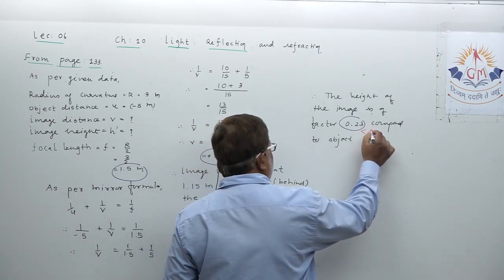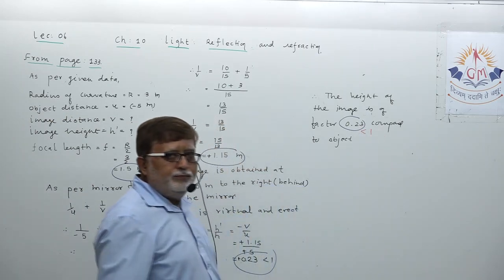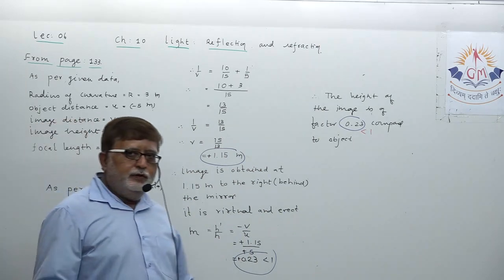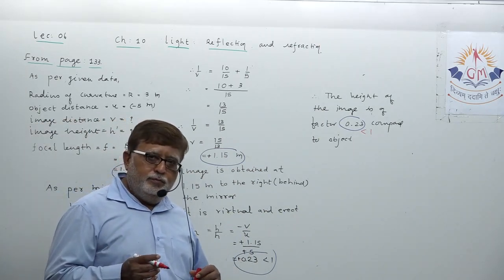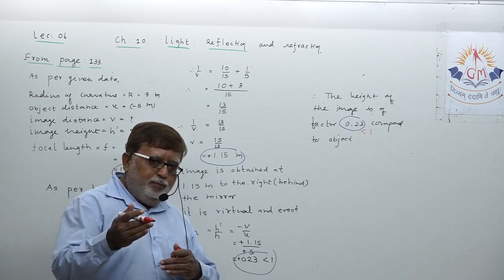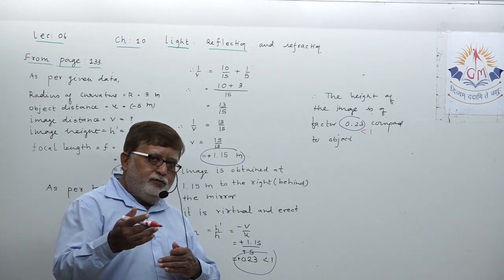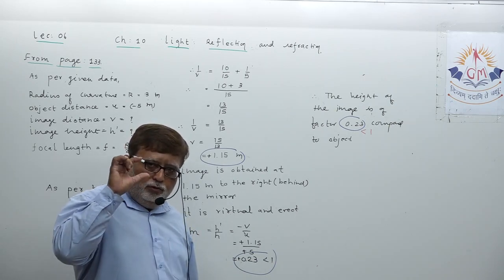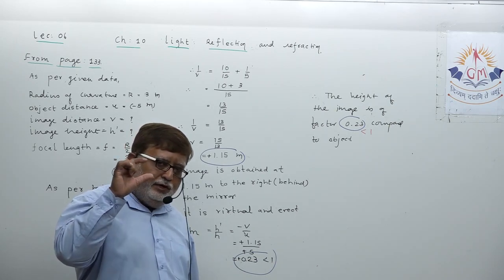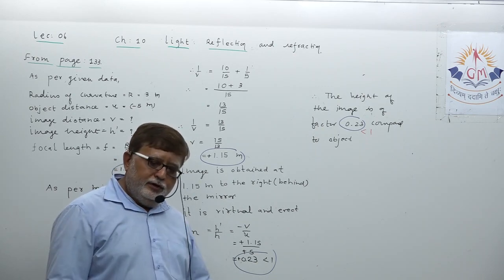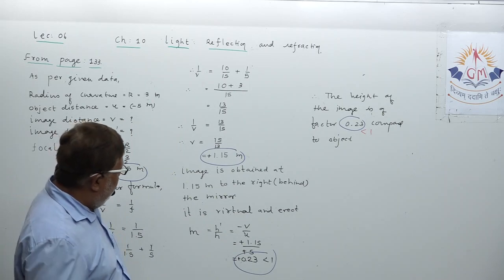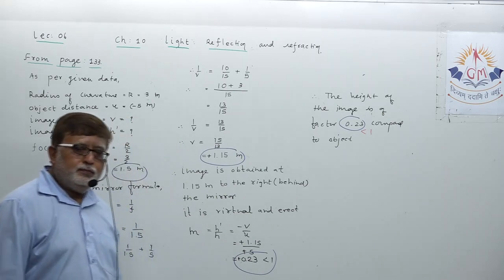That the image is smaller. Understand? So whatever the height of the bus may be, when it approaches behind you and is just 5 meter away, the image of the bus looks 0.23 times smaller than the real one. Okay dear student, so this numerical we have solved.